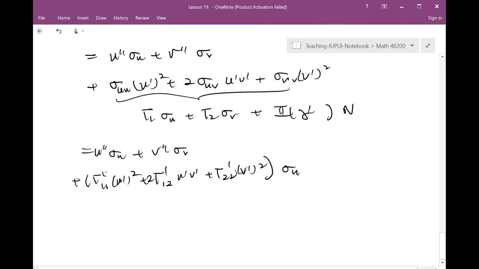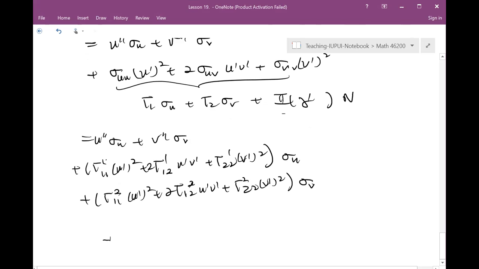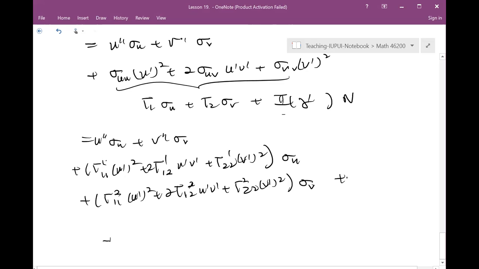So you can combine them. Gamma 2,1,1 u prime squared plus 2 gamma 2,1,2 u prime v prime plus gamma 2,2,2 v prime squared, times sigma v. Okay, so this is my normal curvature. Okay, so this is a gamma.